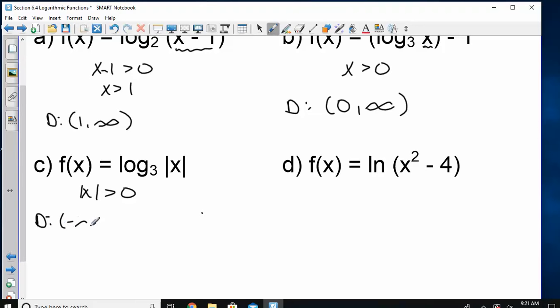So it would be negative infinity to 0, union 0 to infinity. If there was a number in that, like a 2 or something, then it would be negative infinity to 2 union 2 to infinity.